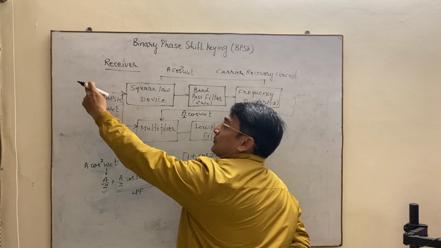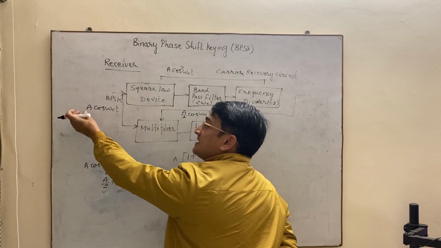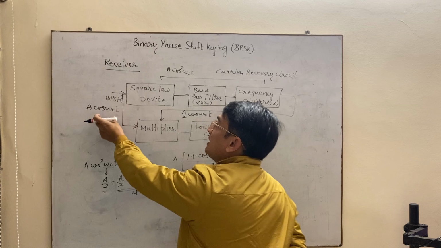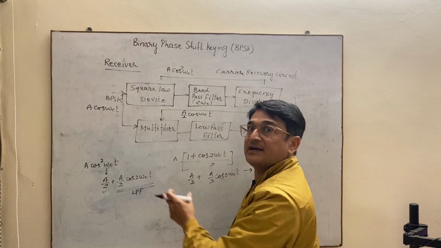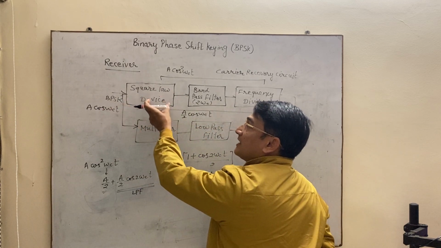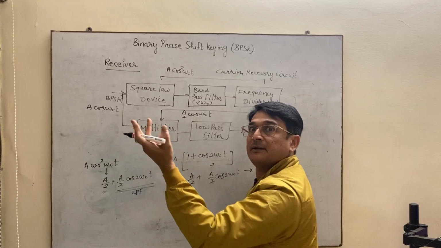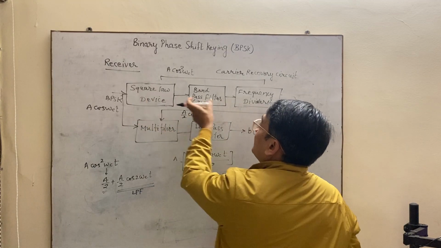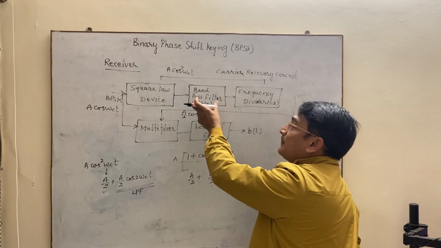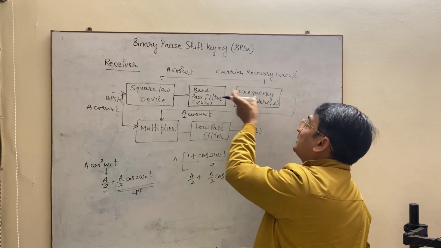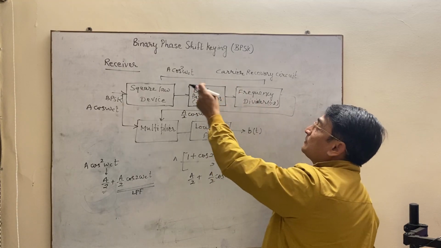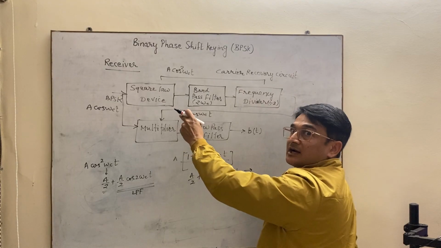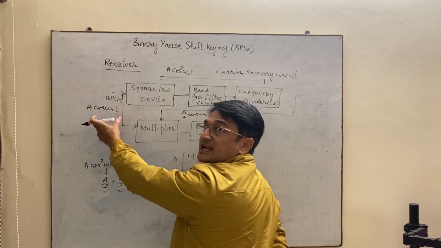Likewise, suppose the incoming signal is minus A cos omega ct. It will be given to the square law device. The square law device will give the output cos square omega ct, because even if the input is negative, the square is always positive. It will be given to the band pass filter, which passes the 2 omega c component. Then it is passed to the frequency divider. So the carrier is recovered from minus A cos omega ct as well.